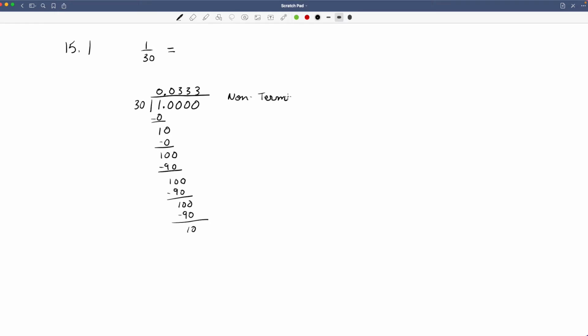non-terminating decimal. But this non-terminating decimal repeats itself, so it is a repeating decimal.